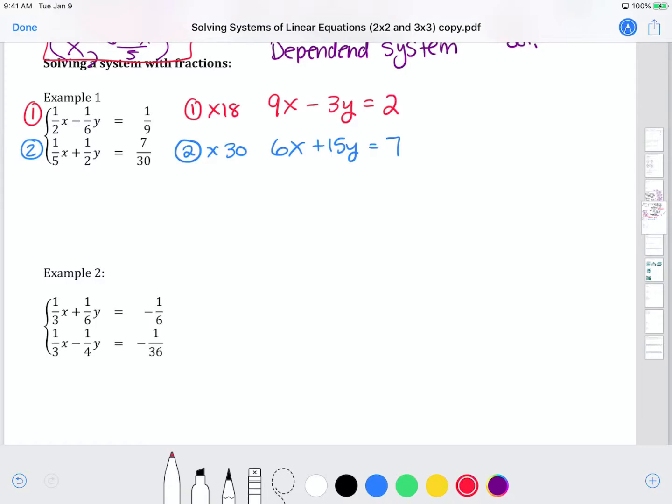So I'm going to multiply this equation here by 5. So that's going to give me 45x minus 15y is equal to 10. Now the equation that's in blue, I don't have to do anything to it, so I'm just going to carry it down.